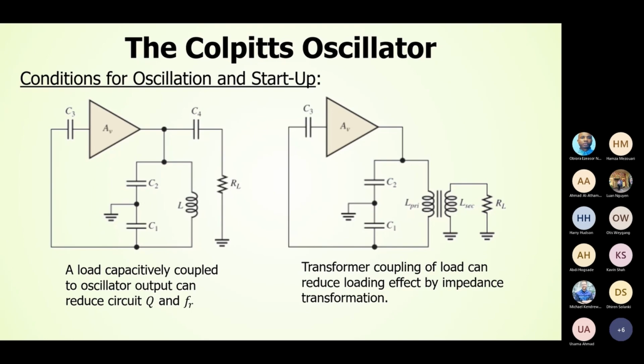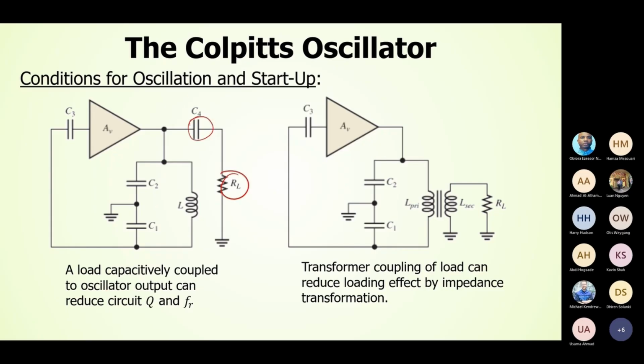Unlike other oscillators, this oscillator also has some tricks that engineers use to ensure it starts up appropriately. Here there is one configuration: a load capacitively coupled to the oscillator.